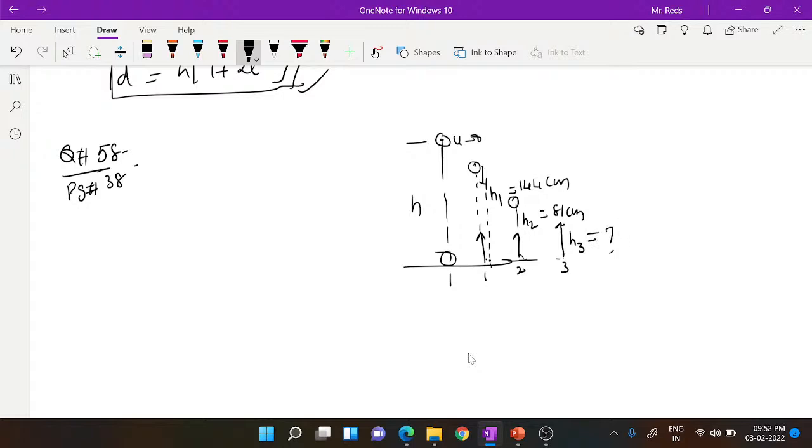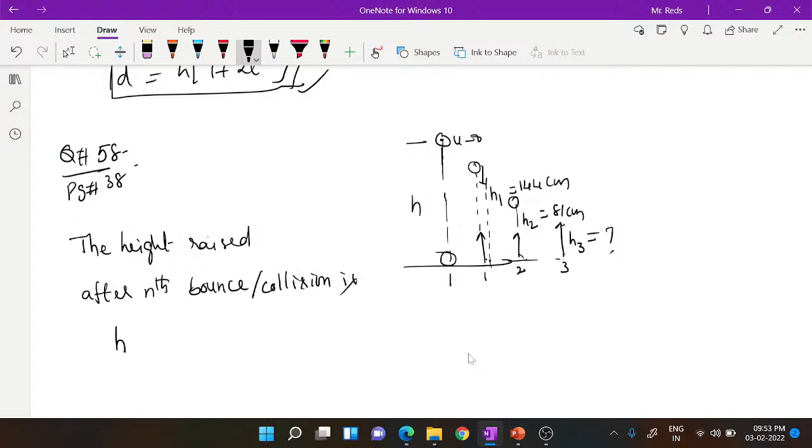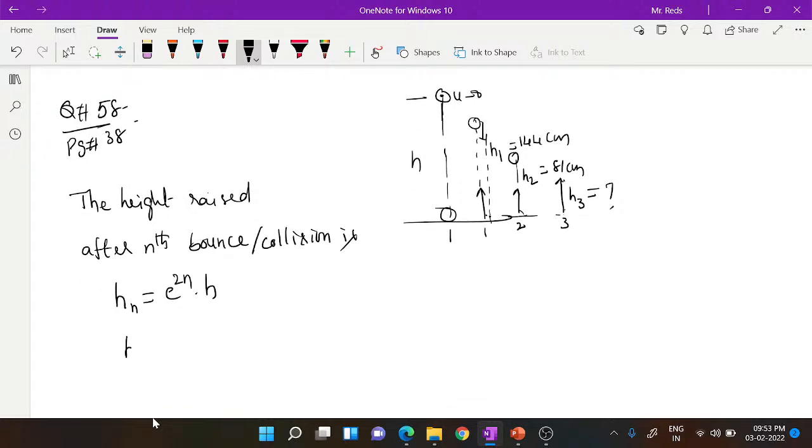So you have to remember simply that the height raised after the nth bounce or collision, you can also call it nth strike or whatever it is, hn is equal to e power 2n into h.